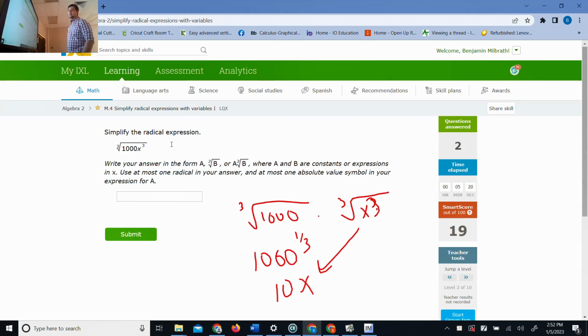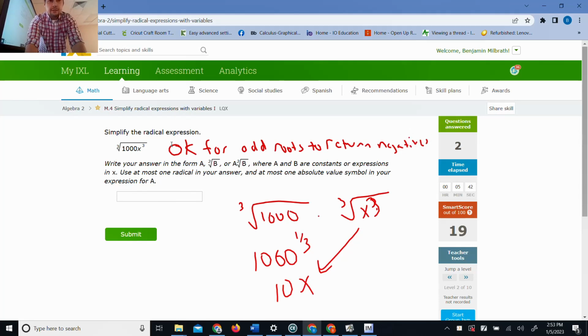It is okay for an odd root to return a negative. It's 100% okay for that to happen. So I don't need the absolute value bars.